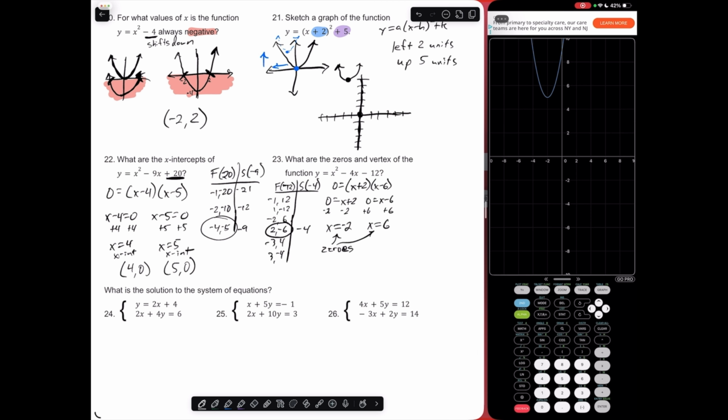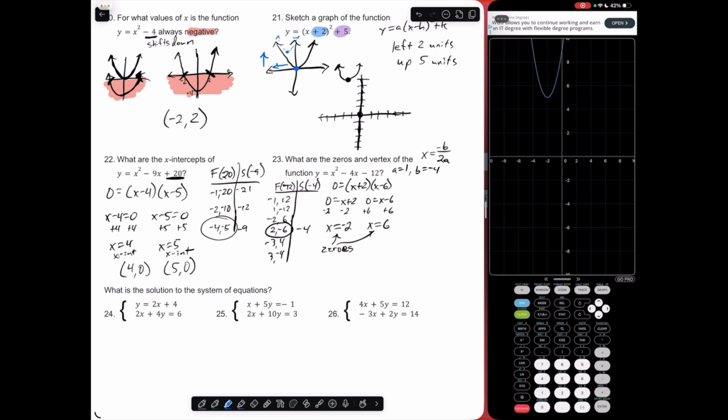And in terms of finding the vertex, the vertex is going to be x equals -b over 2a. And then once we have the x value, we have to plug it in to find the y value. So for this particular problem, a equals 1, b equals -4.